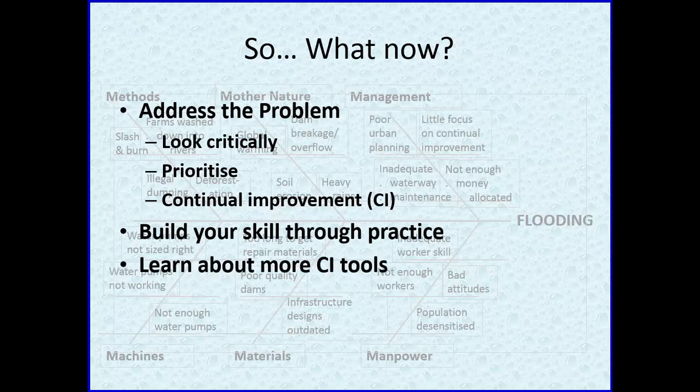And finally, it's not enough to just know one tool, which is cause and effect analysis. There are a whole host of continual improvement tools. I suggest that you begin by learning the 7 basic quality tools, and you can learn about this by doing a search on the internet, by looking at any quality management text, or by returning to check out more of my podcasts in this series.